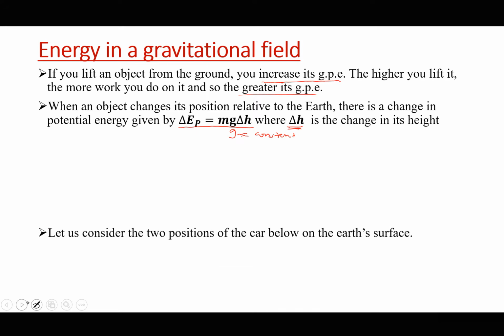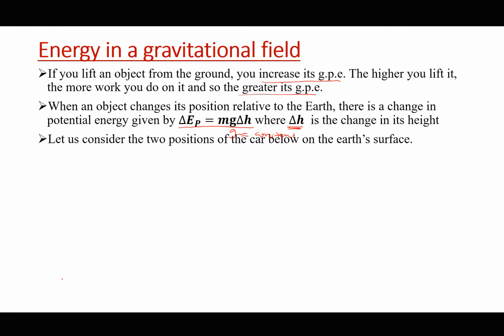But if we look at now two positions of the cars below, one is at this level here, another one is at that level there. It becomes quite confusing to say which one has a higher gravitational potential energy. So it depends on what you have considered as the reference point.